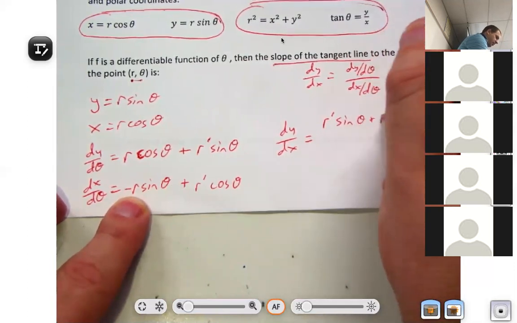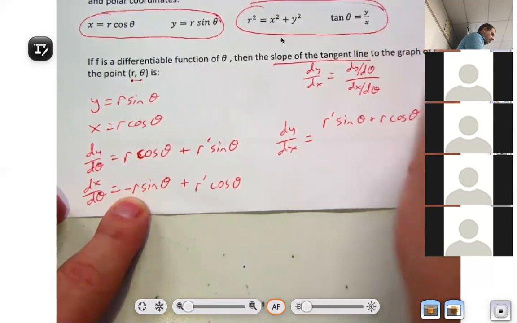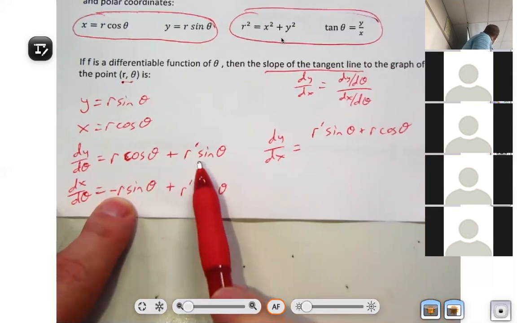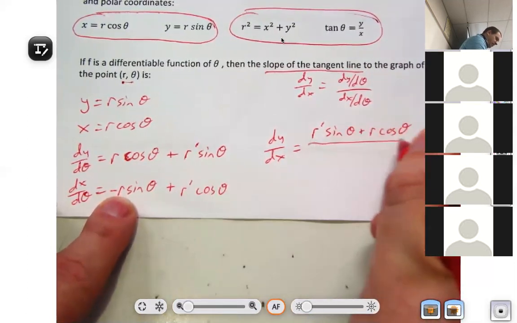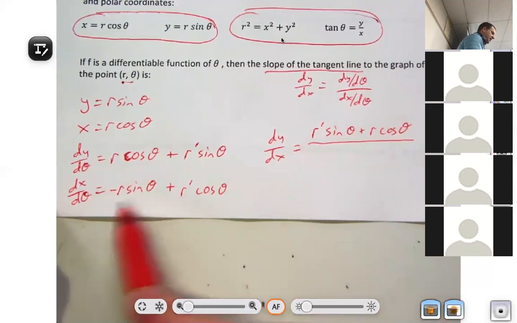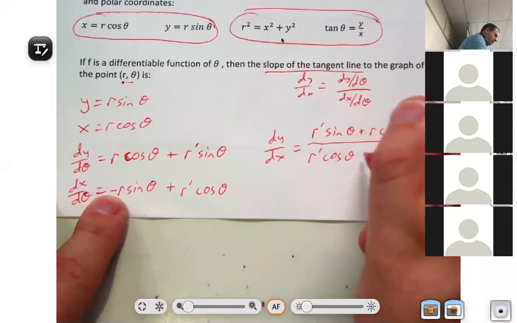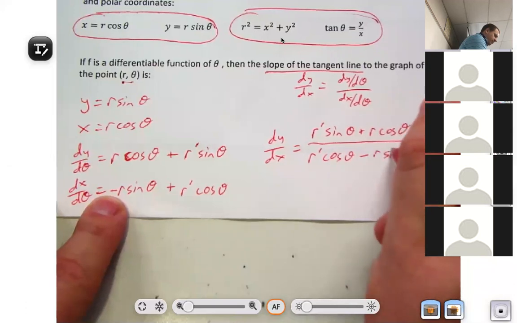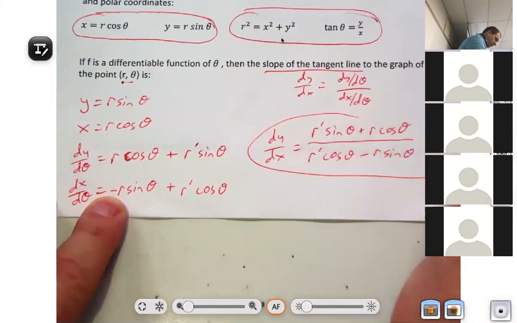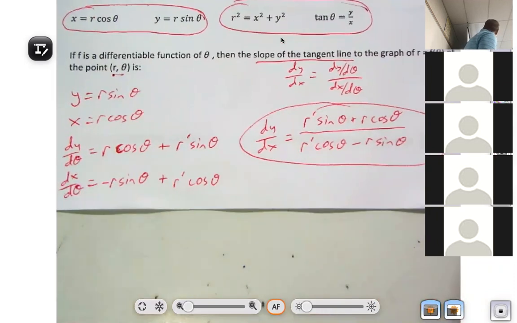So I'm going to flip the terms. I'm just putting the second term first. The reason they write it this way is mainly for the dx d theta to put the minus in between. It really doesn't matter how you write it. But this is our derivative formula for polar functions.